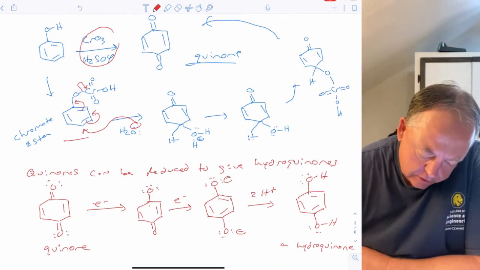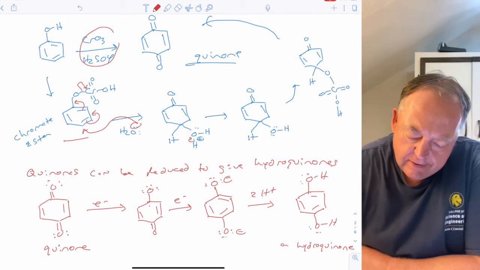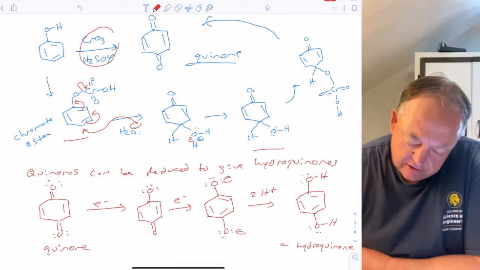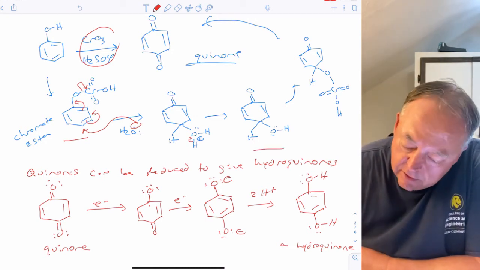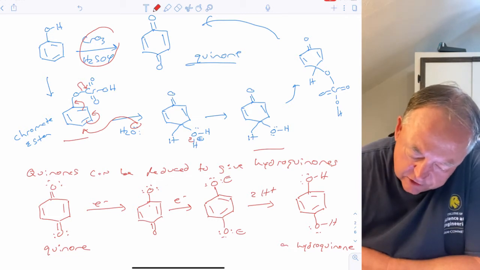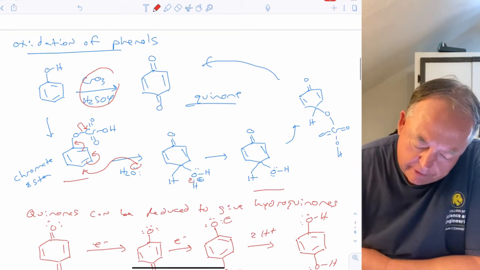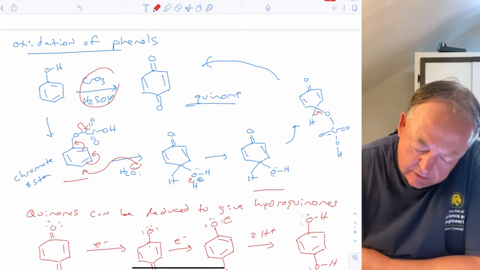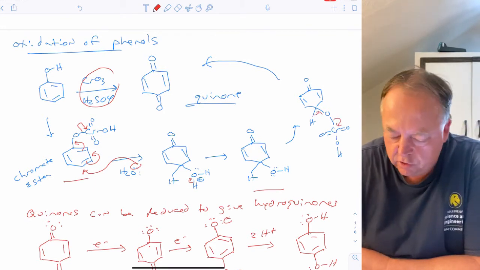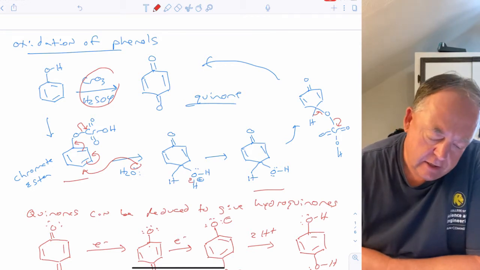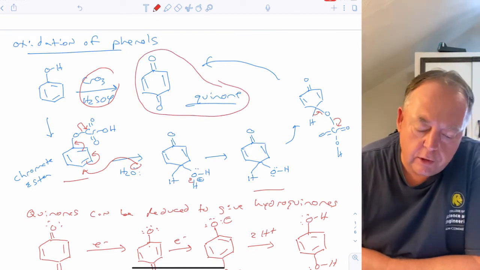And then if we lose a proton from water, now we have this, which can form another chromate ester. And once you have that chromate ester, then it can be oxidized. So you can make another carbon oxygen double bond, and then you make what's known as a quinone.